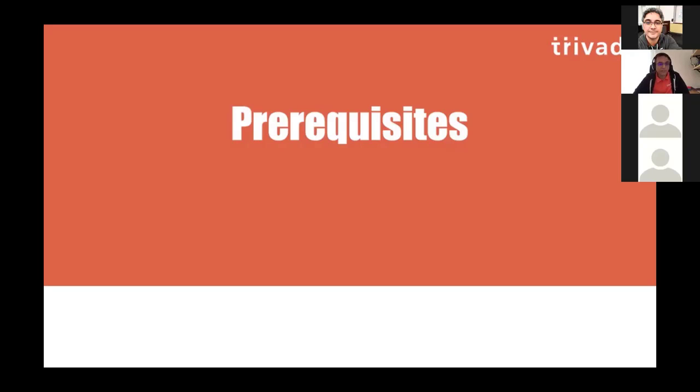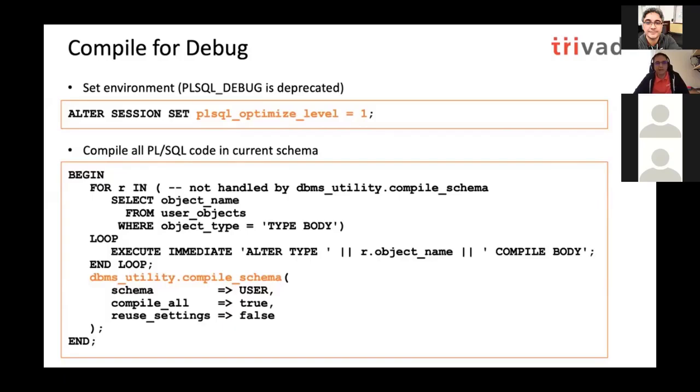So the first thing you have to do is to compile for debug. Makes somehow sense. The code must have some additional information so that the debugger can get it. To do that, you set it on session level. It's also possible to set it on database level with ALTER SYSTEM, but I don't think it's really necessary.